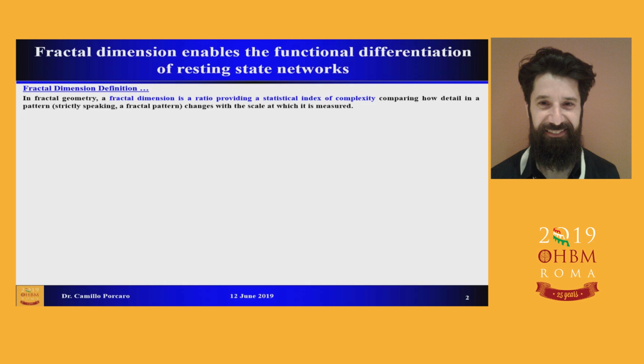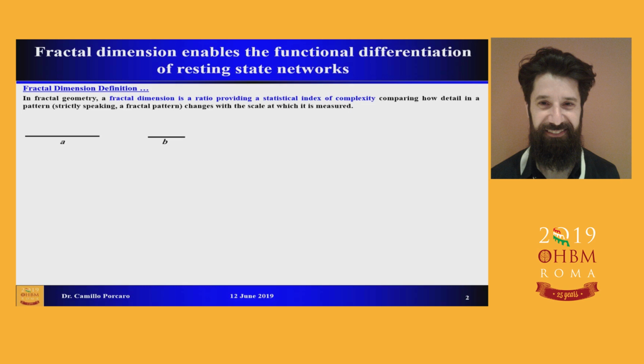So the nice thing that I'm going to do is explain how I sorted out this definition with some examples that make it easier to understand what fractal dimension means.